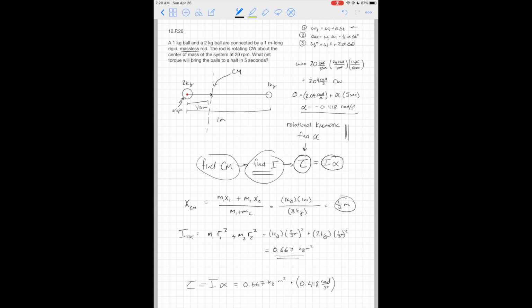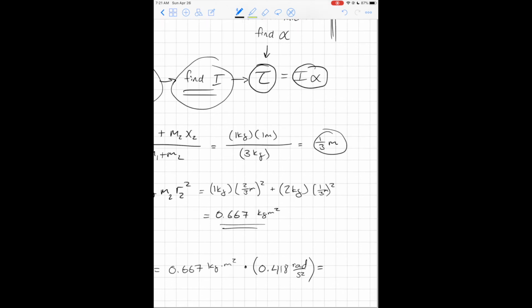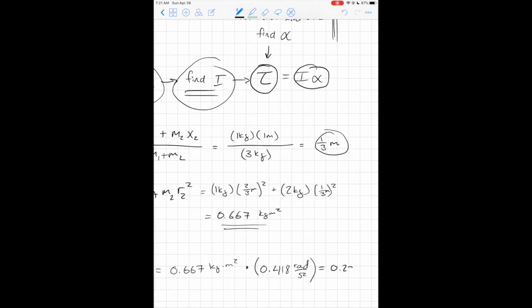And I see that I'm going to get a Newton and then have an extra meter left over, and that makes sense because my torque is in Newton meters. What do I get? I get 0.279, or 0.28, I think is perfectly fine to say. 0.28 Newton meters.